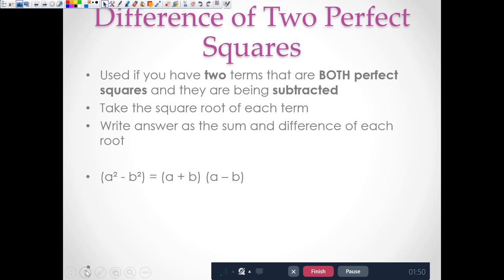You take the square root of each term, and you write your answer as a sum and difference of each root. Okay? So for example, we have a squared and b squared. Those are both perfect squares, and it's subtraction. So the square root of a squared is a, the square root of b squared is b, and we make one a sum and one a difference.